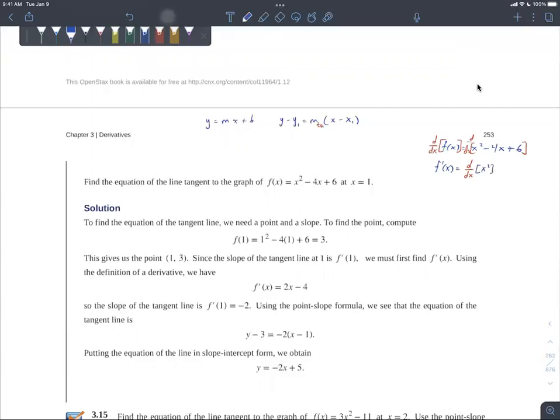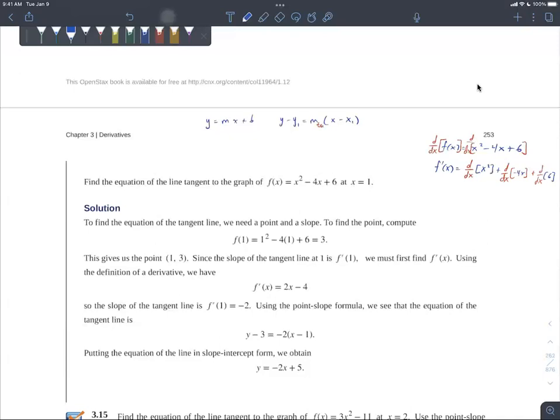There are three terms to this quadratic function, but you can think of them each as individual functions. So we'll apply it to negative 4x and to the 6.